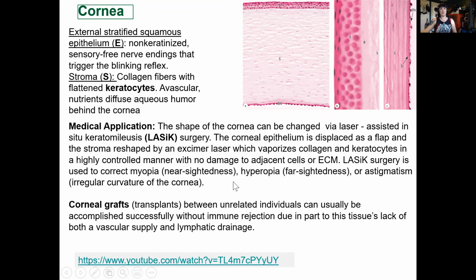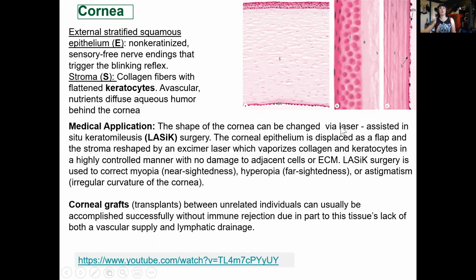So I mentioned LASIK earlier. If you have either myopia or hyperopia, or in some cases astigmatism, although not all people with astigmatism are good candidates for LASIK. So it's possible to go to the ophthalmologist for an astigmatism and have them say, I'm sorry, your corneas are shaped too weird and we can't do anything for you.